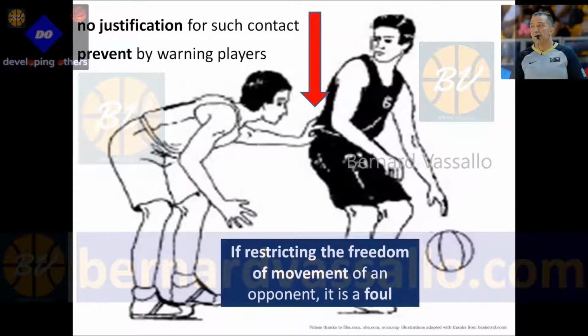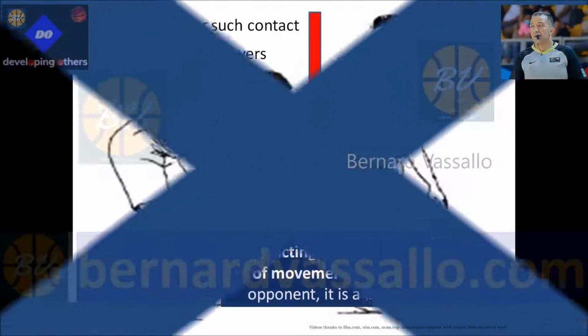If after warning this touching continues, or if the touching clearly restricts the freedom of movement of the opponent, the referee has no other option but to call a foul.